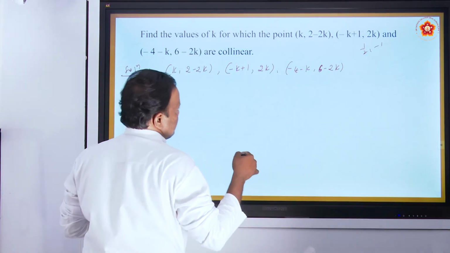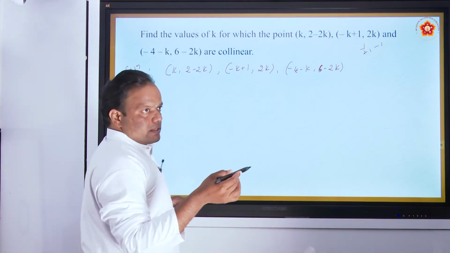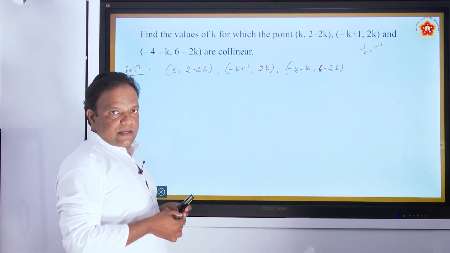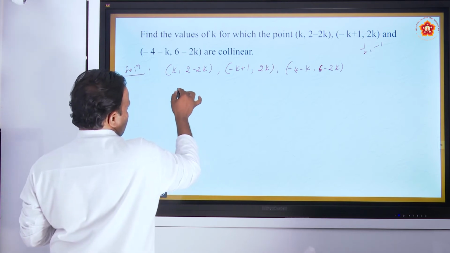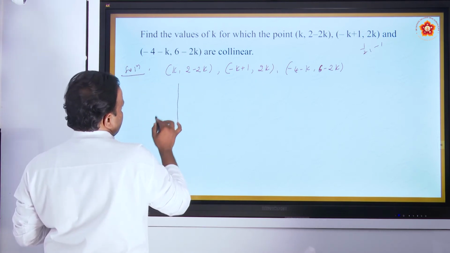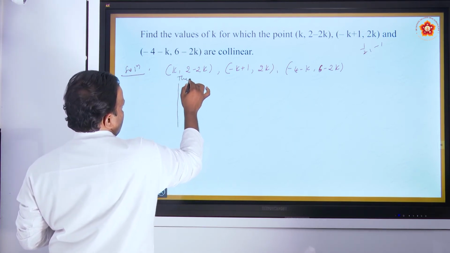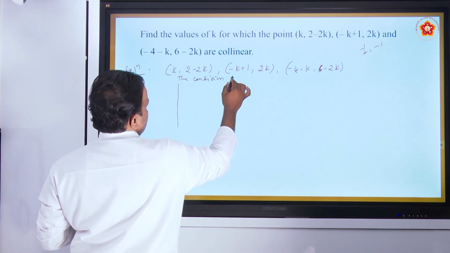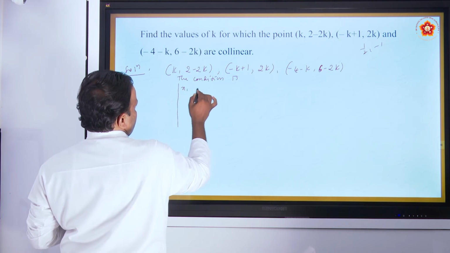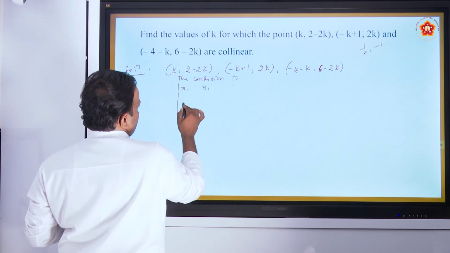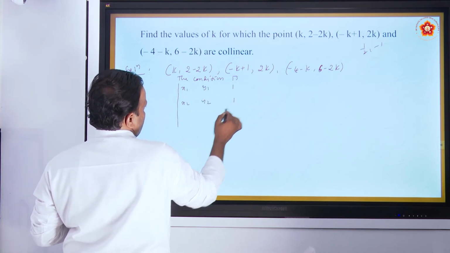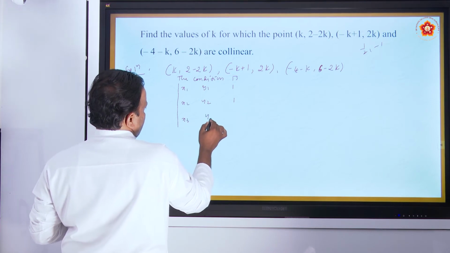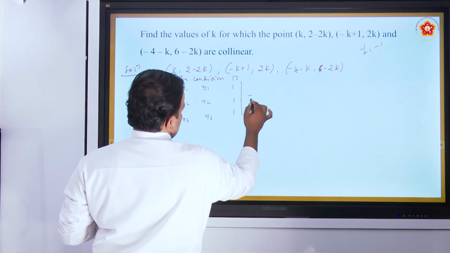So use the determinant method, otherwise you can use the formula method. The answer is the same. I use the determinant method here. We know that the condition for collinearity is that the determinant of rows (x1, y1, 1), (x2, y2, 1), (x3, y3, 1) is equal to 0.